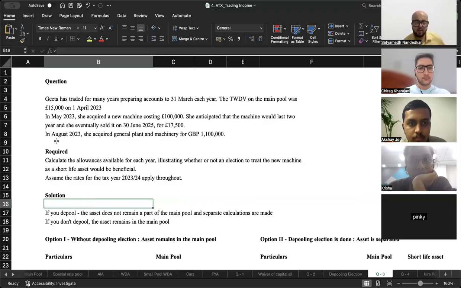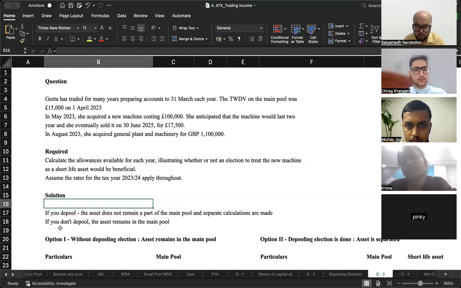She has acquired a new machine for 1 lakh. She anticipated that the machine would last for 2 years and then she would sell it for 17,500. Calculate the capital allowances each year, illustrating whether or not an election to treat the new machine as a short life asset would be beneficial. Assume the rates for the year 23-24 apply throughout.